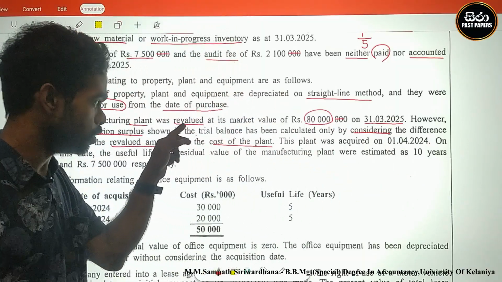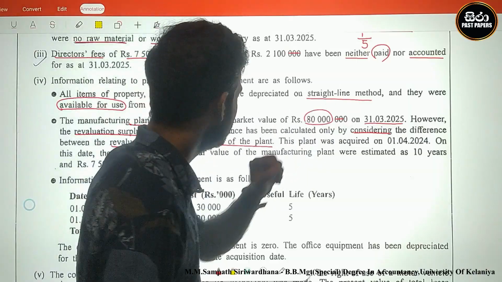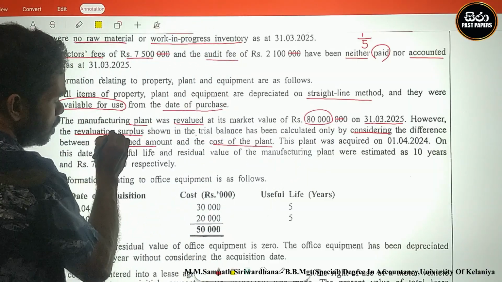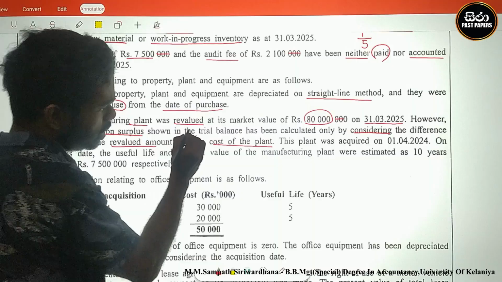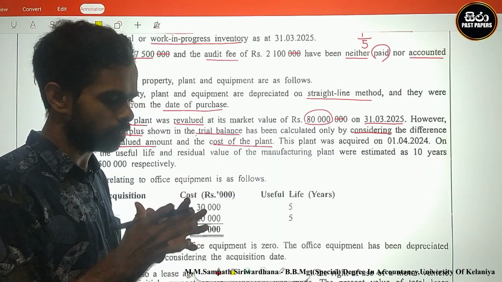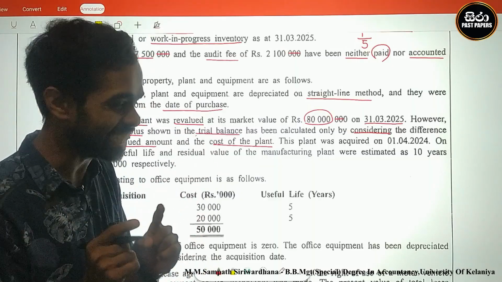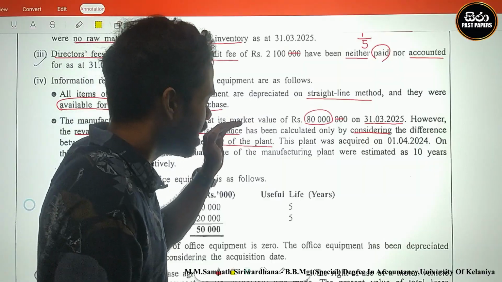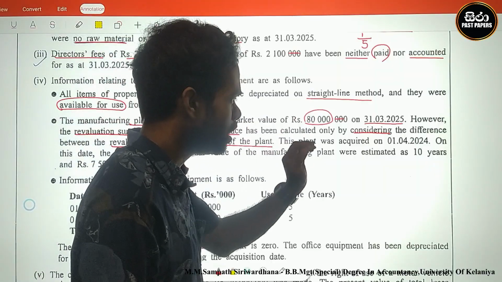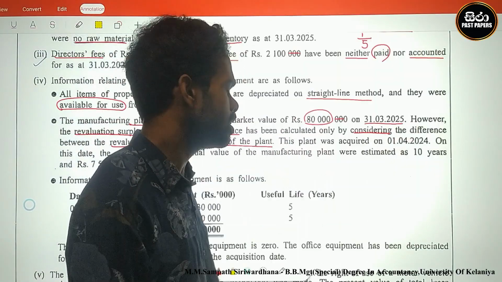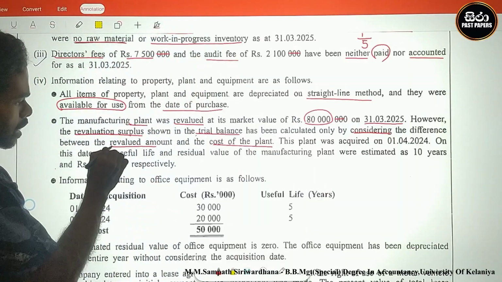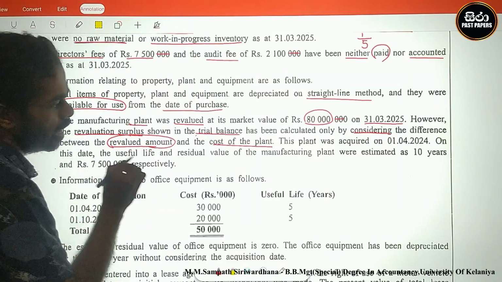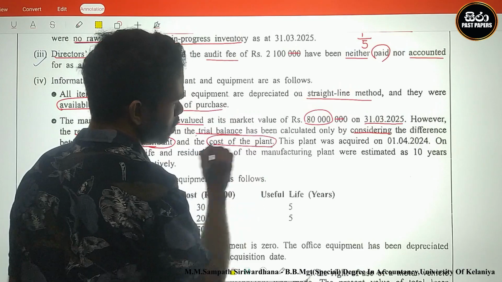They already revalued. However, the revaluation surplus shown in the trial balance, there is a revaluation surplus already calculated, has been calculated only by considering the difference between revalued amount and cost of the plant.